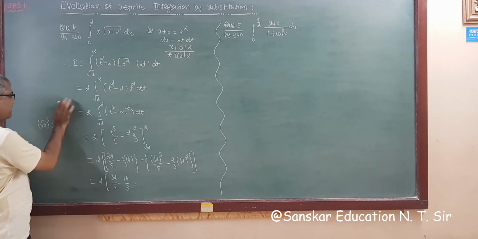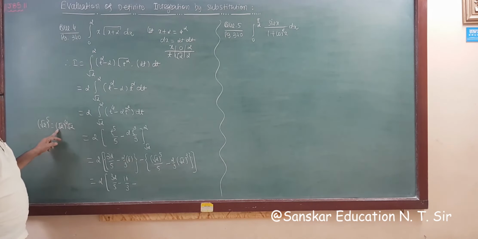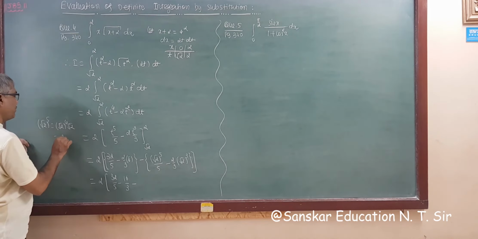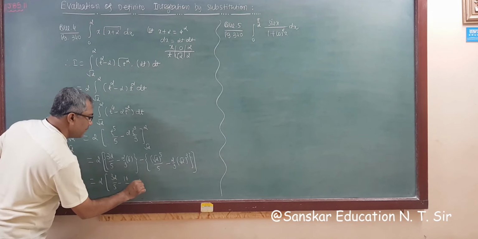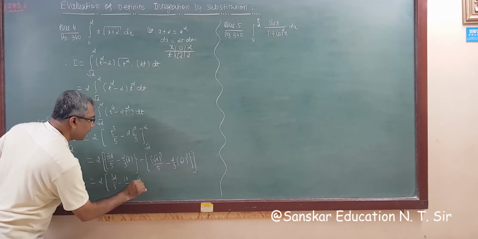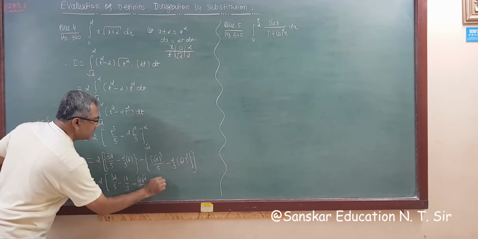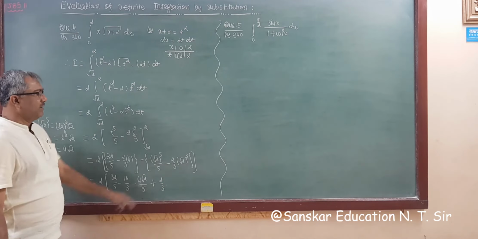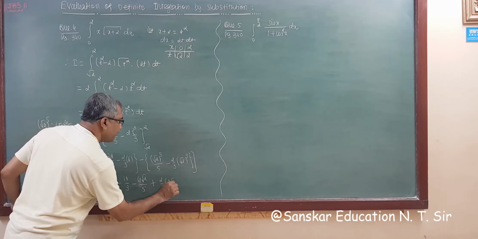If you don't know this, then write root 2 raised to 4 into root 2, that is 2 raised to 4 by 2 into root 2, that is 2 raised to 2 into root 2, which is 4 root 2. So the answer of this is minus 4 root 2 divided by 5, and minus minus plus, 2 by 3 and root 2 cube is 2 root 2.